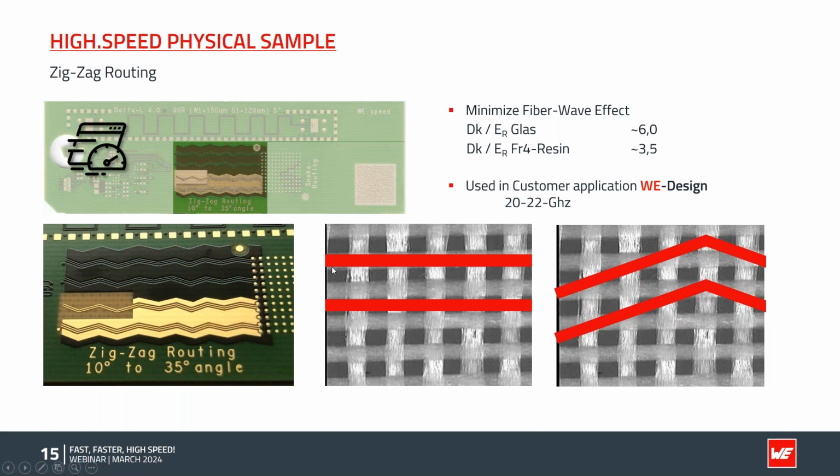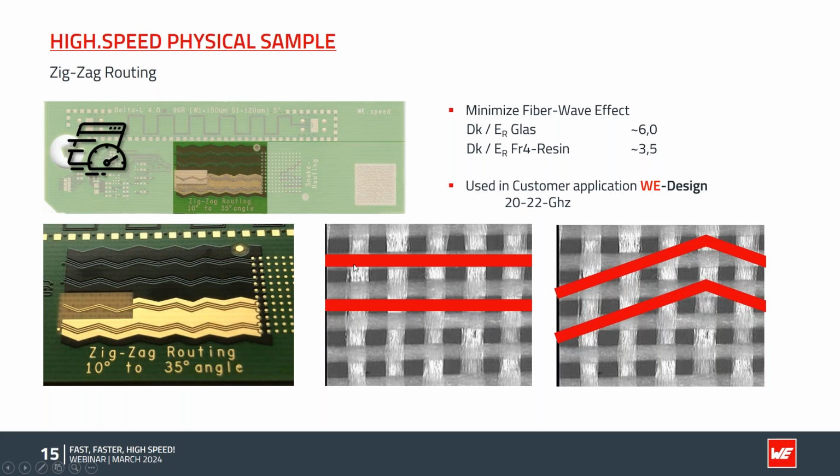And if by chance one track is exactly on top of this glass fiber and the differential pair next to it is in the gaps in between, it will see a different decay value, and the speed of the signal changes. So you get skew in the parameters, so the signal will not arrive at the end at the same time.